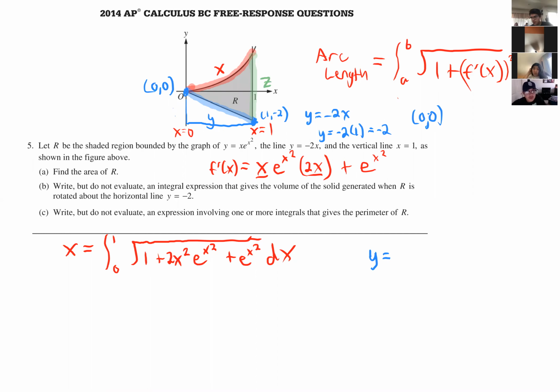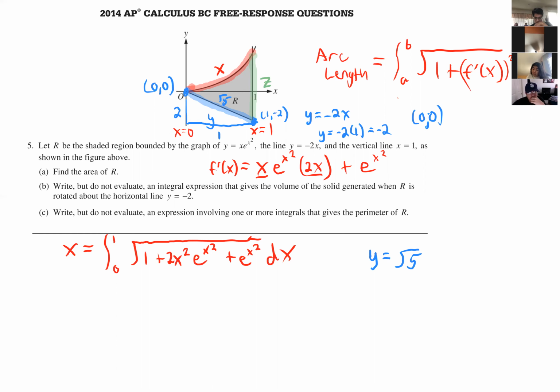This distance would be 1 because we're going over 1 and down 2 to get to the point. So with Pythagorean theorem, it's going to be the square root of 5, I believe. So y equals the square root of 5. I just did Pythagorean theorem here to find this distance for y.